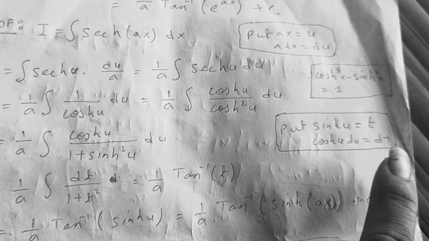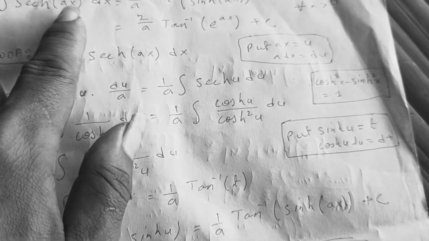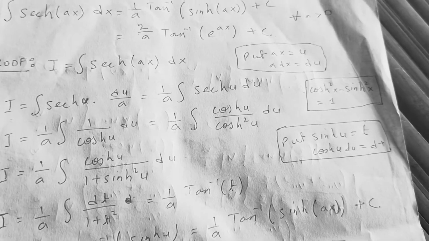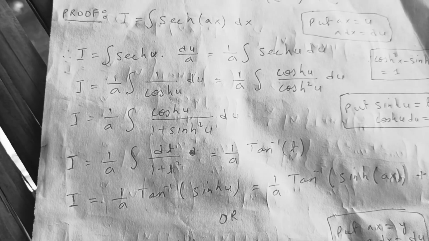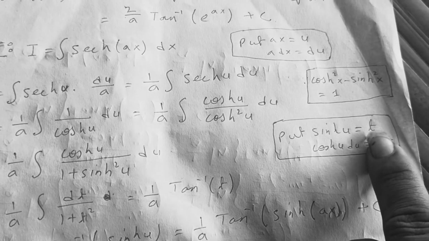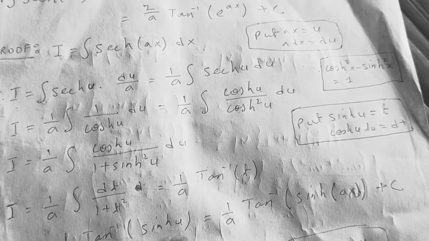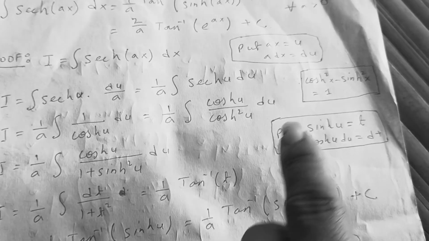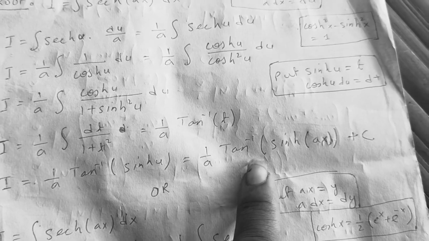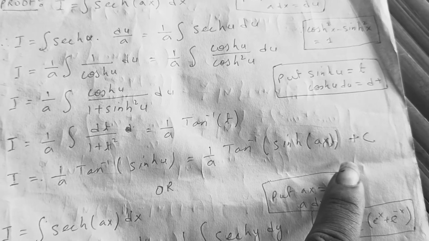Now since this is in t, we need x, so we are going to substitute back. So I is going to be 1 upon a tan inverse of t, where t is sine hyperbolic of u, and u is ax. So we get 1 upon a tan inverse of sine hyperbolic of ax plus constant of integration.